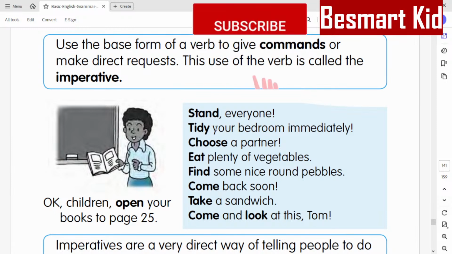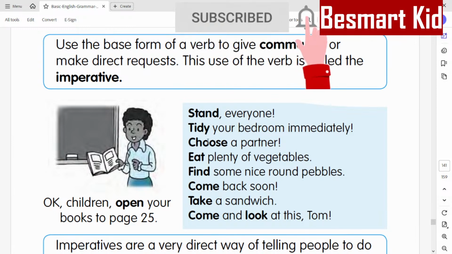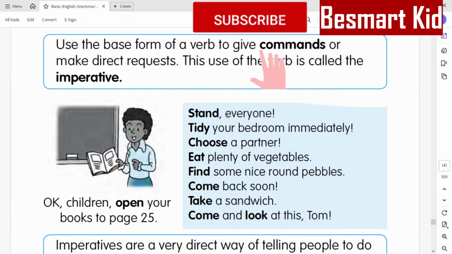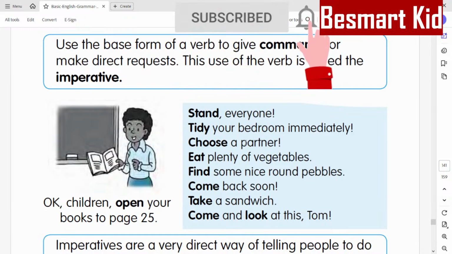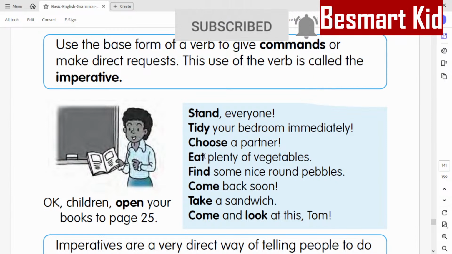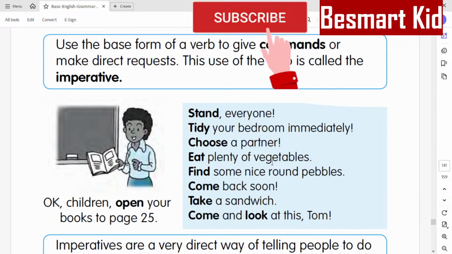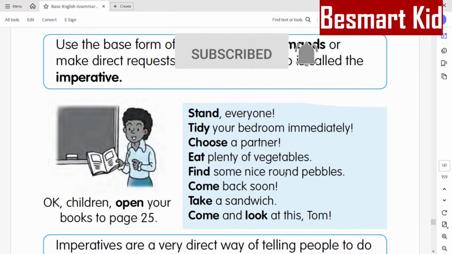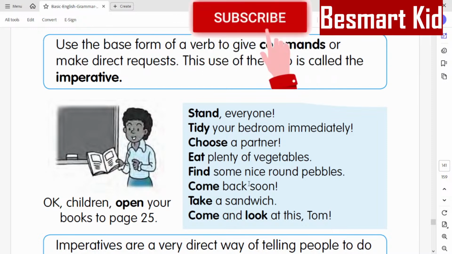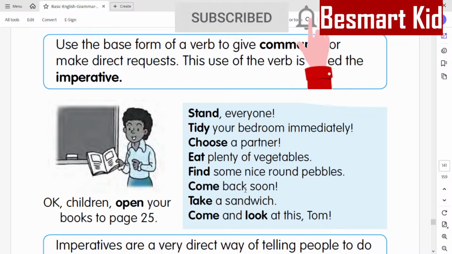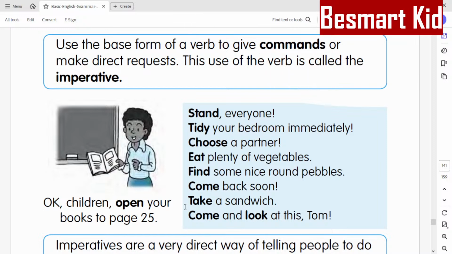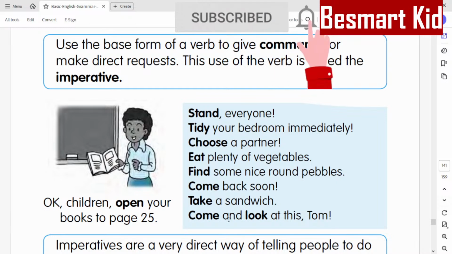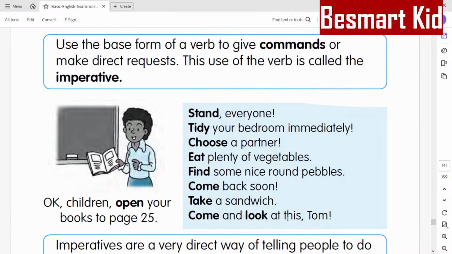Stand up, everyone. Tidy your bedroom immediately. Choose a partner. Eat plenty of vegetables. Find some nice round peppers. Come back soon. Take a sandwich. Come and look at this, Tom.